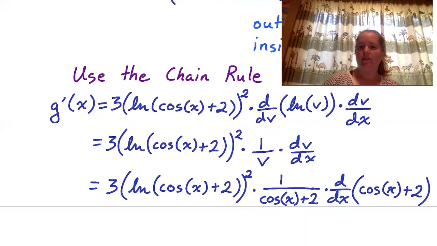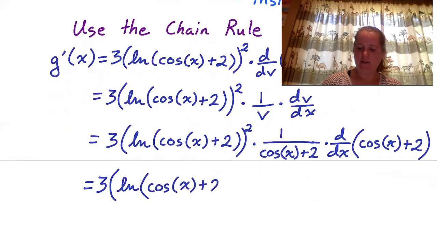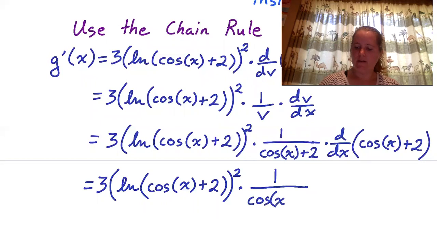At this point, we just have one more derivative to take. We still have our 3 times the natural log of cosine of x plus 2, the whole thing squared. We still have our times 1 over cosine of x plus 2. And finally, the derivative of cosine of x plus 2.